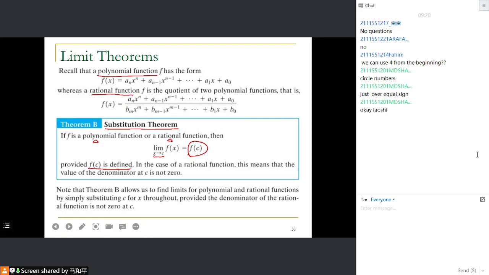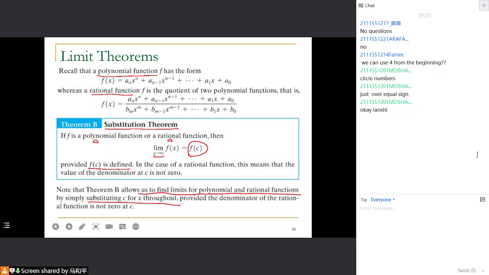Avoid dividing by 0. Avoid the even root of a negative number. So note that theorem B allows us to find the limits for polynomial and rational functions by simply substituting c for x throughout.